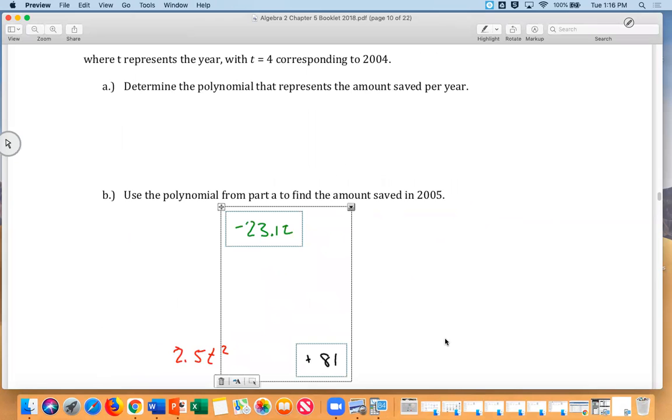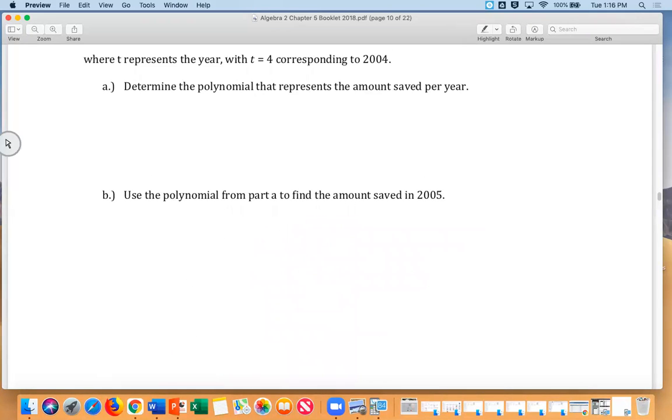Uh-oh. Oh no, I tried to be fancy. What was this in the middle, Maggie? Minus 23.1. And this was 81. Now it says use this polynomial to find the amount saved in 2005.